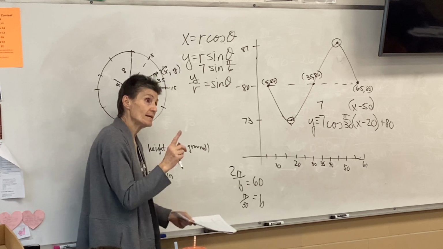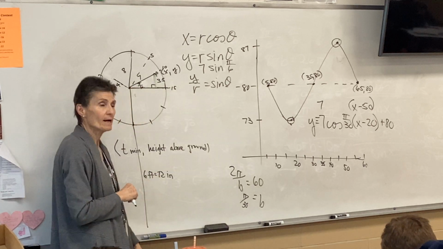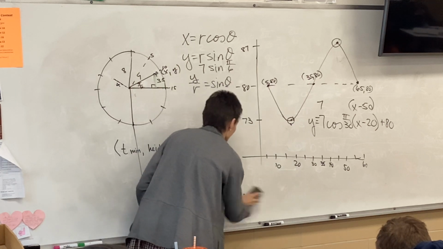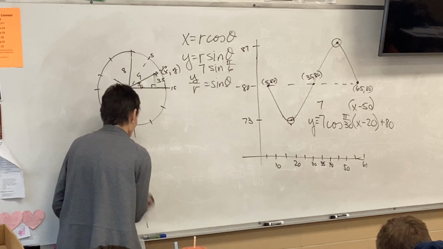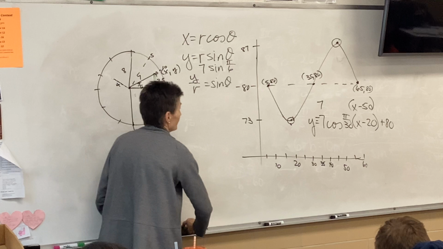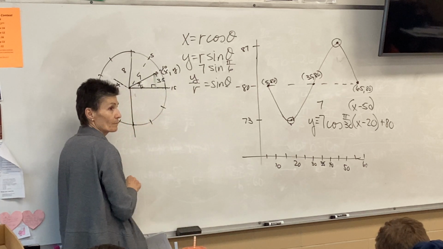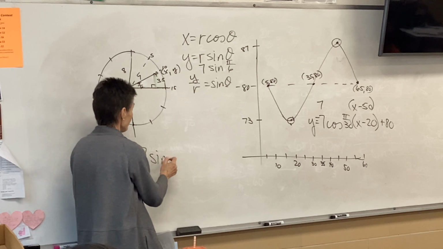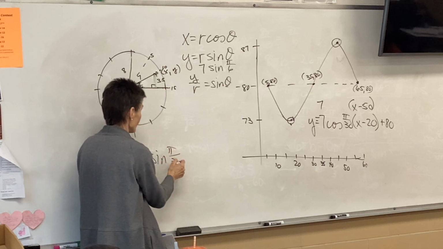Oh, then 8 says, what if it's a sine curve? Well, I can't help myself. That's a perfect negative sine curve. So y equals negative 7 sine pi over 30.